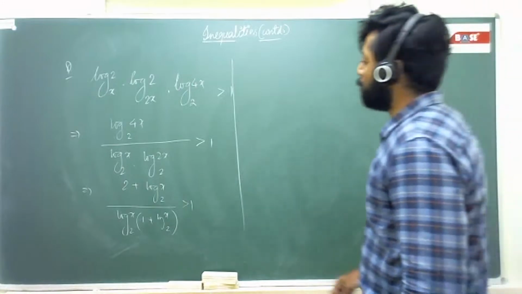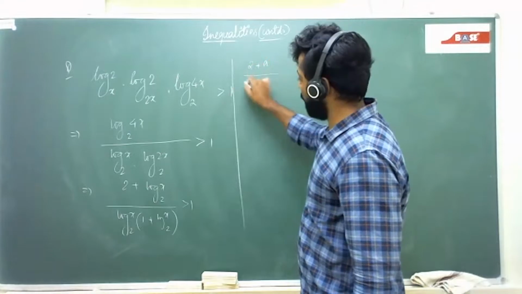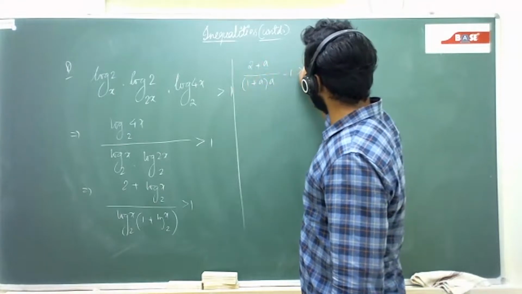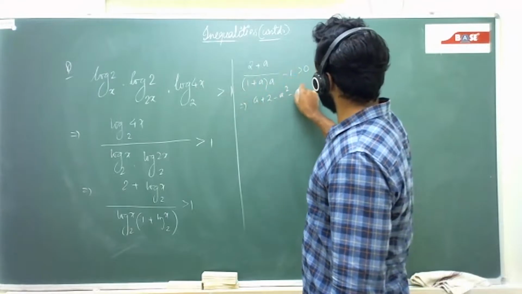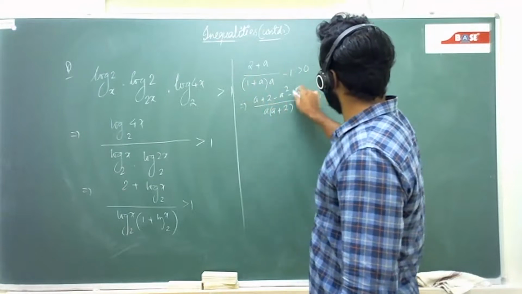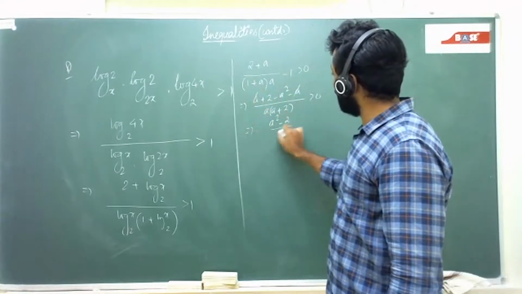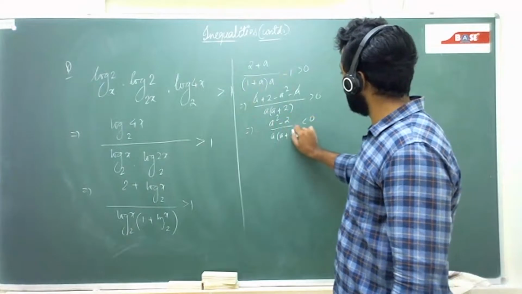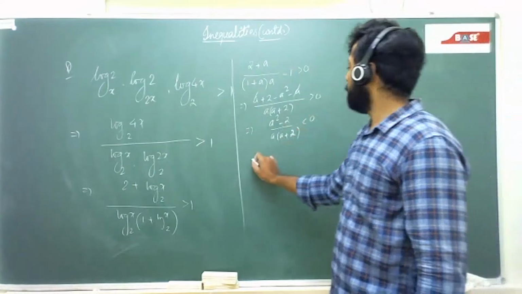Now let's take log x base 2 as t or a, anything. So it is (2 plus a) divided by (1 plus a) into a, minus 1 is more than 0. So a plus 2 minus a square minus a divided by a into (a plus 2), 0. a cancel. So it's a square minus 2 divided by a into (a plus 2). That is less than 0 here. Multiply.